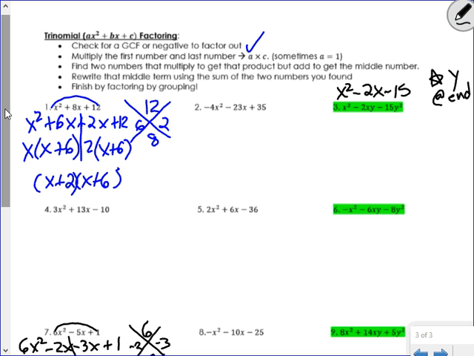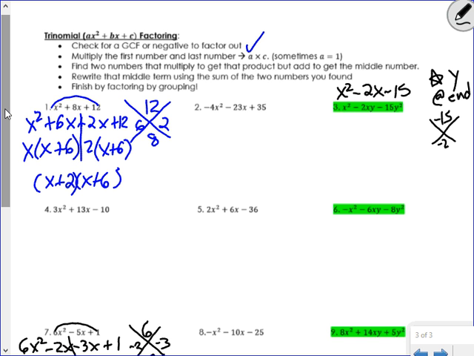Okay? So if I just saw this, how would I factor that? You look for a GCF, which there isn't. Then what? I'll multiply the first and last numbers, which gives me negative 15. And then what's the middle number?